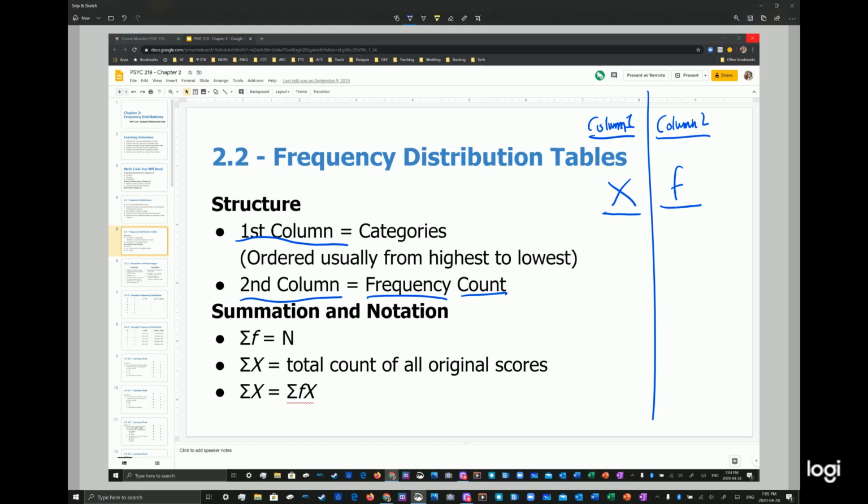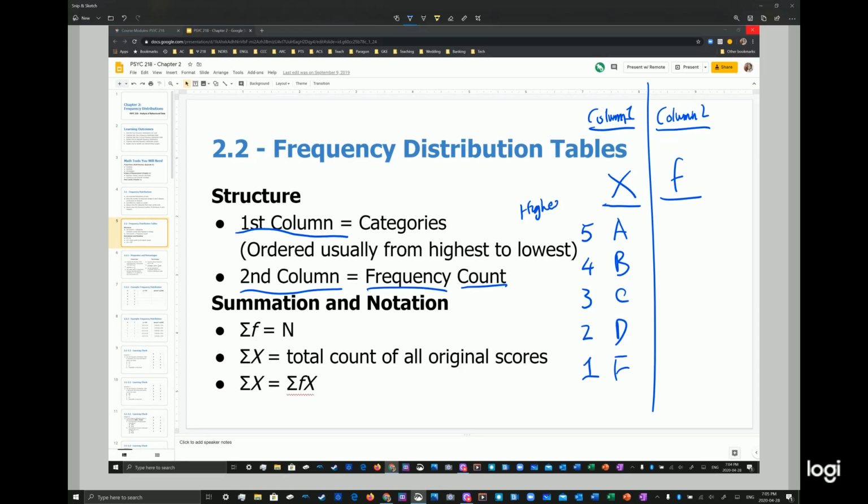So for example, if we assign values to these, like A, B, C, D, and F, and we assign them based on their rank, 1 here being the lowest. I'm not thinking first, second, third right now. I'm thinking the 5th highest rank. Okay, so that's something I'll remind you again. When we do frequency distribution tables, the highest rank, the biggest number, goes at the top, and the lowest rank goes at the bottom.